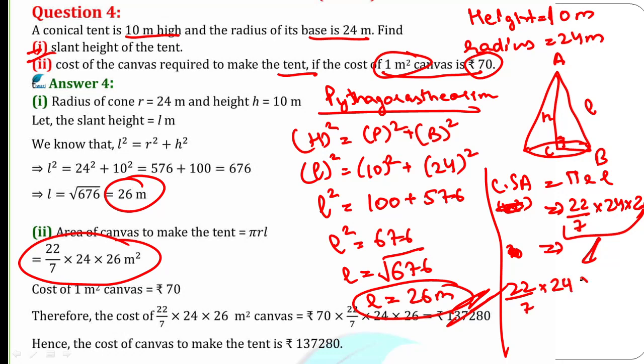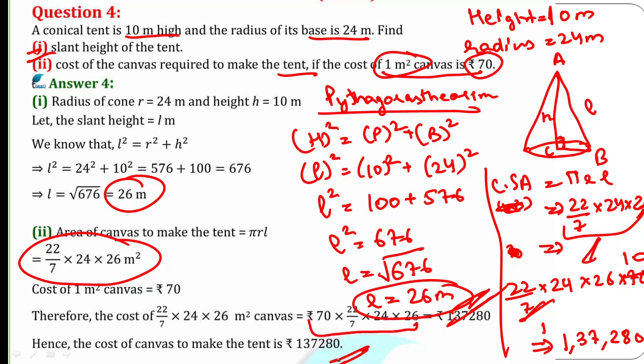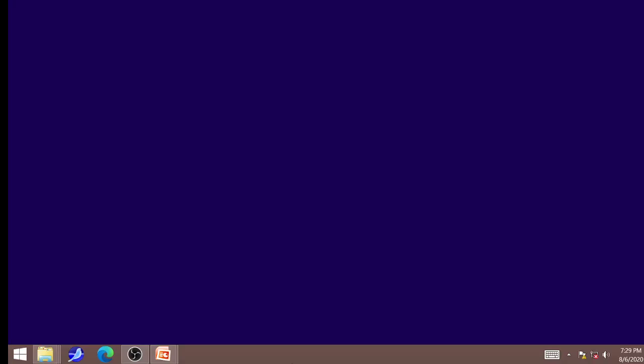So you will obtain 24 into 26 into 70. This 7 will cut, 7 ones are 7, 7 tens are 70, and you will obtain the total result to be 1,37,280 rupees. So you will multiply the 70 with this whole term and you will obtain the total cost to be 1,37,280 rupees. That is your required answer.